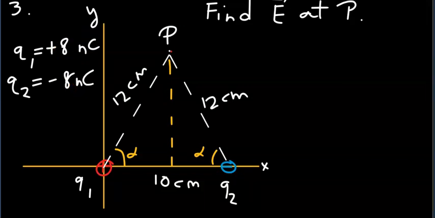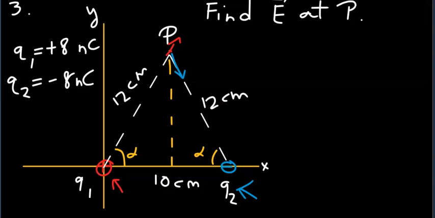We want to calculate the electric field these two charges produce at point P, a distance 12 cm from the first charge and 12 cm from the second charge. The electric field that this positive charge creates at point P will be going in that direction, like that. And the electric field that Q2 produces at point P will be going in that direction.